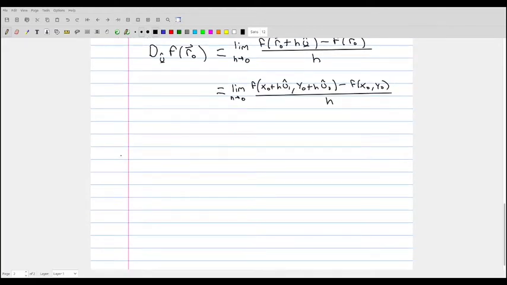So the next thing we want to see is that this is in fact the same thing as the derivative of a composition. You remember the derivative of a composition of f with the line L of t.